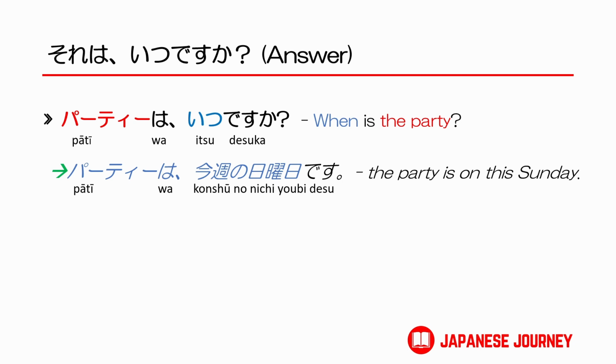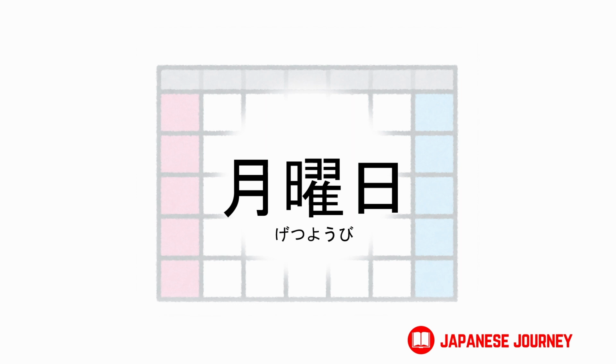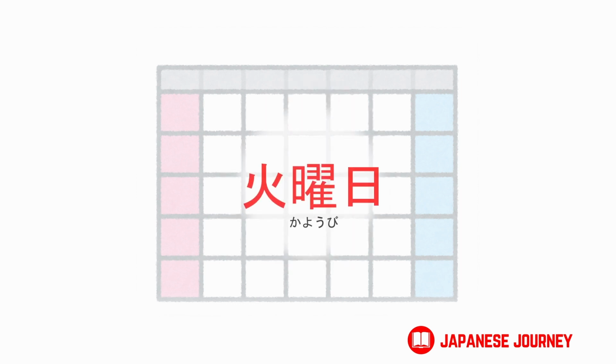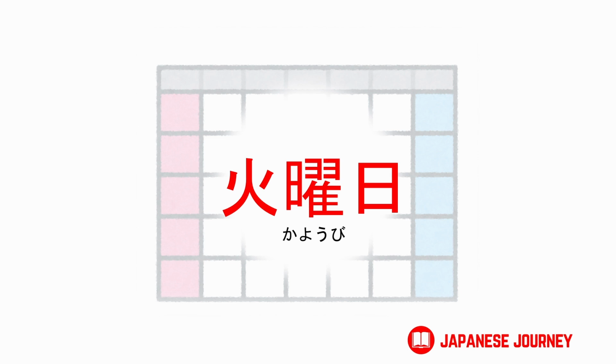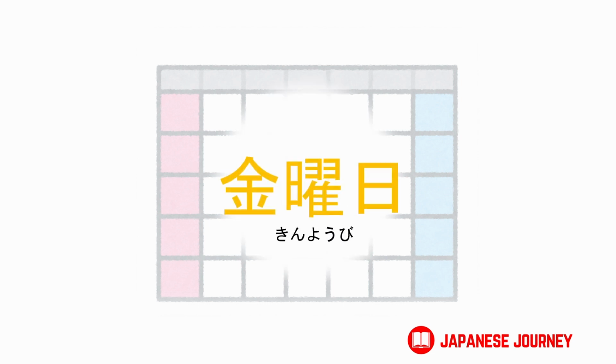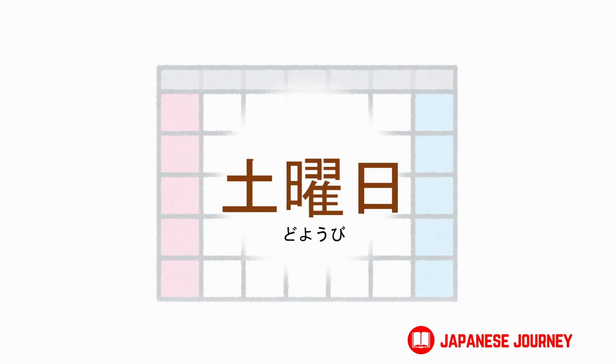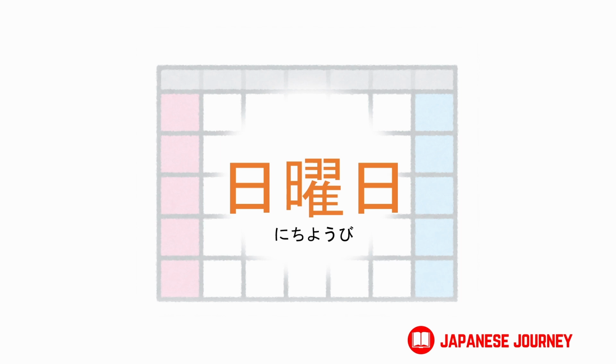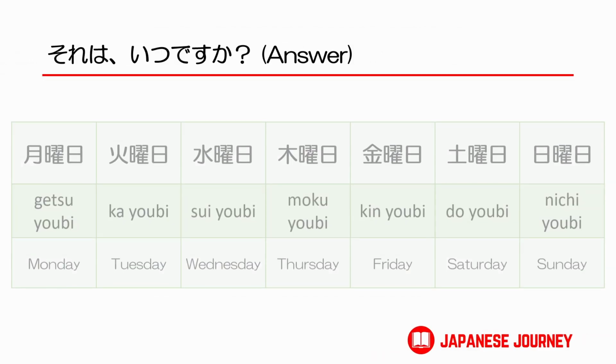Let's look at how to say the different days in a week in Japanese. Monday 月曜日, Tuesday 火曜日, Wednesday 水曜日, Thursday 木曜日, Friday 金曜日, Saturday 土曜日, Sunday 日曜日.